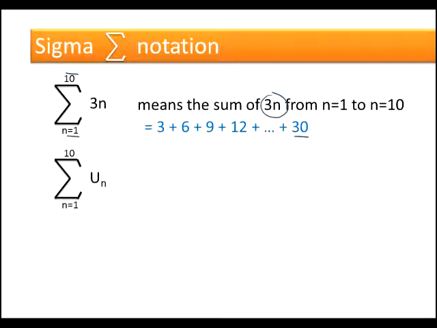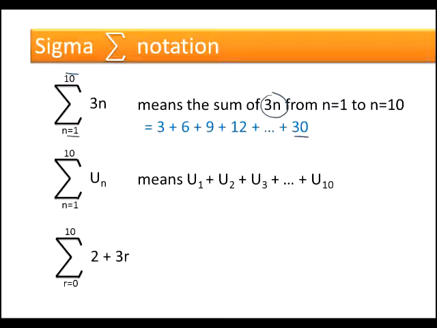This one, un, basically means whatever u1 is, plus u2 is, plus u3 is, and we're going to stop when we get to the 10th term. That's exactly the same as what we've just put there, really. Now you can see here r, we haven't used r before, but when it changes to this new notation, it's quite nice to change the letter, and they like to use r, especially in the textbooks.